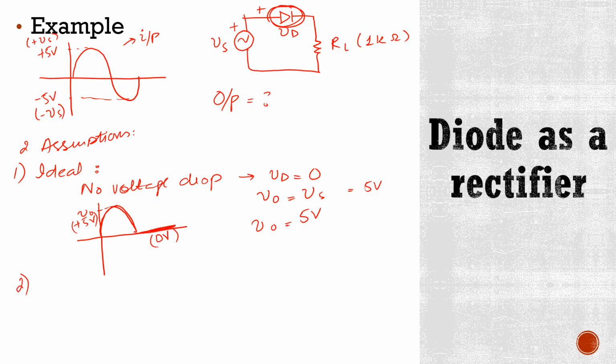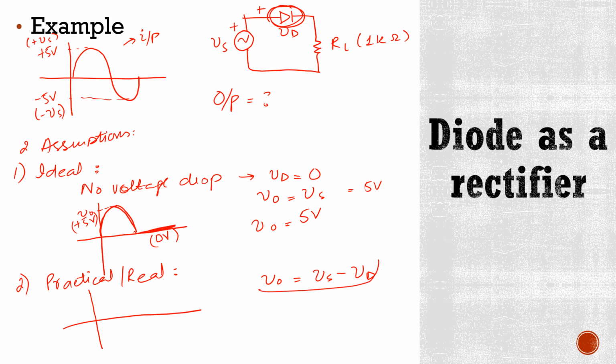Now, our second assumption is that this diode is practical or real. It means it has some voltage drop. So what will be our output here? We know that if this diode is real, this is the equation of output voltage, and if this diode is silicon, then the output voltage will be Vs minus 0.7.